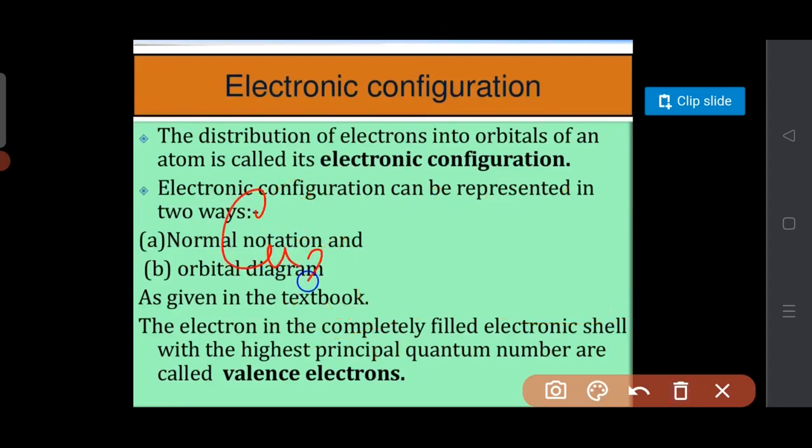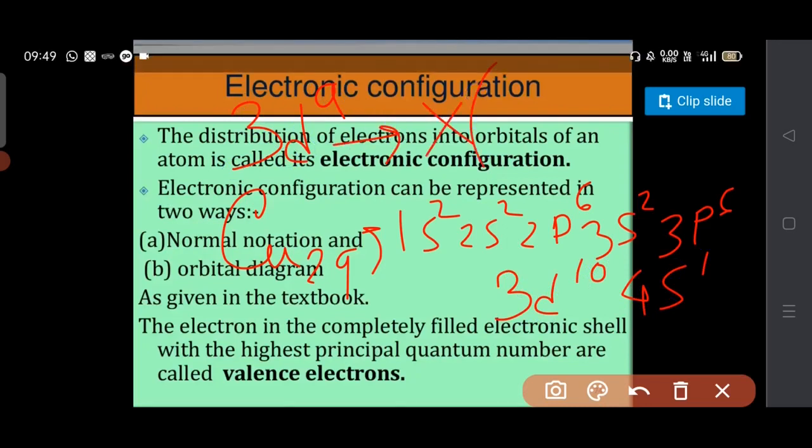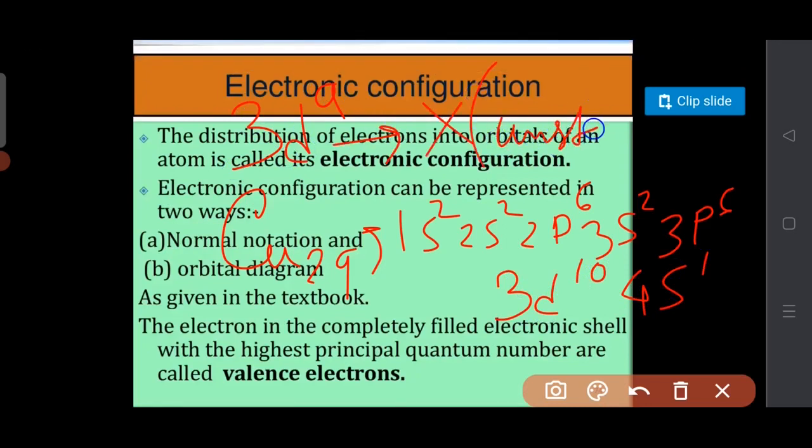Suppose in the case of copper also, 1s2 2s2 2p6 3s2 3p6, after that we will write 3d10 4s1, because 3d9 is not possible, it is very unstable.